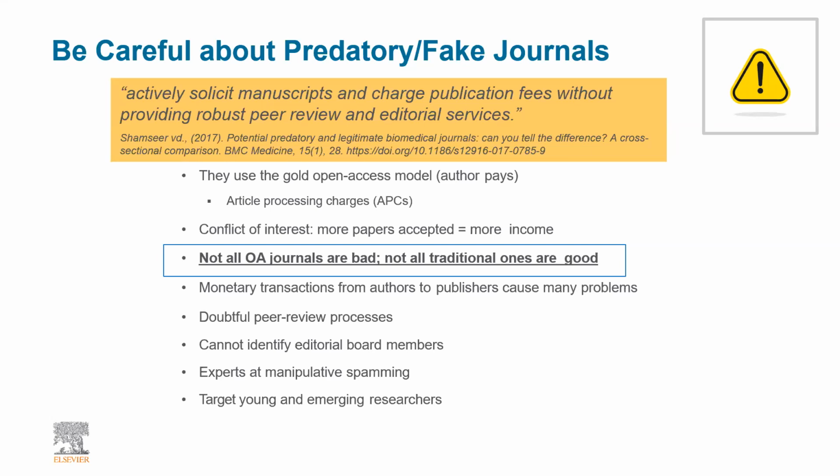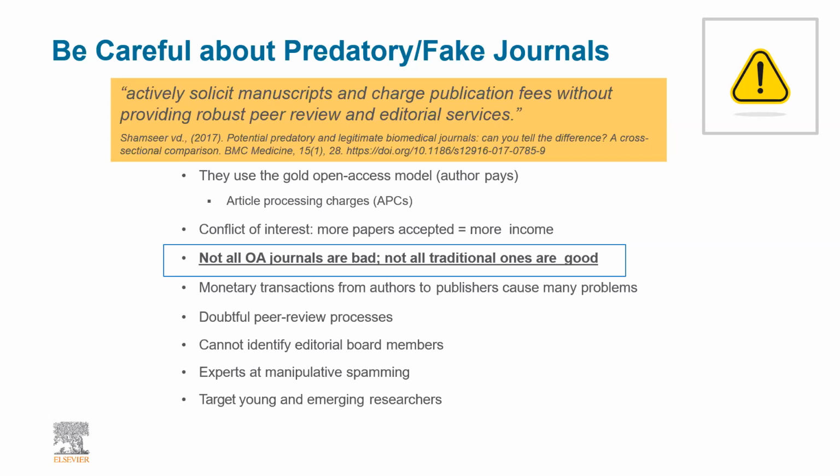If I have enough information, even if this journal is not indexed in Scopus, I can go through the publication process in that journal. But if I don't have enough information about that journal, and it is not indexed in Scopus and not indexed in Web of Science, I have to be careful about that.